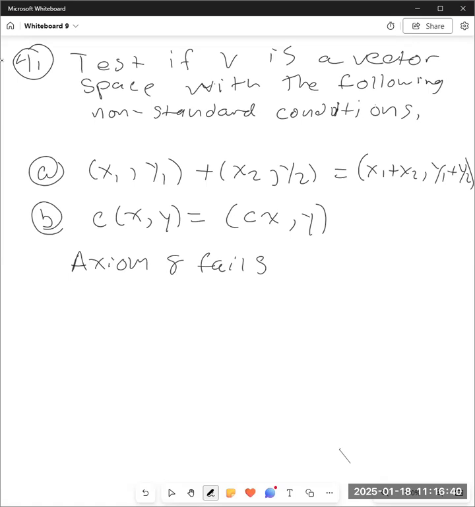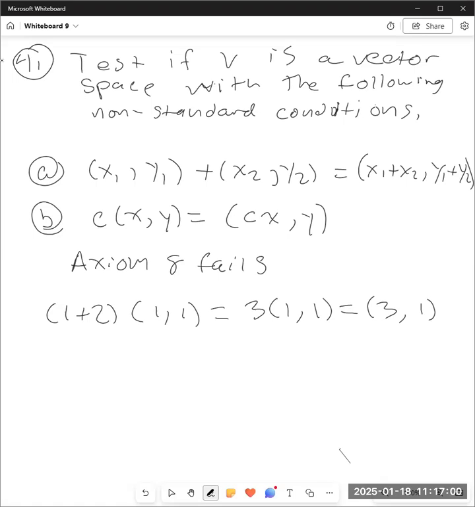So just for example, if I had 1 plus 2 times the vector 1, 1, that would normally be 3 times 1, 1, which by our definitions here would be 3, 1.